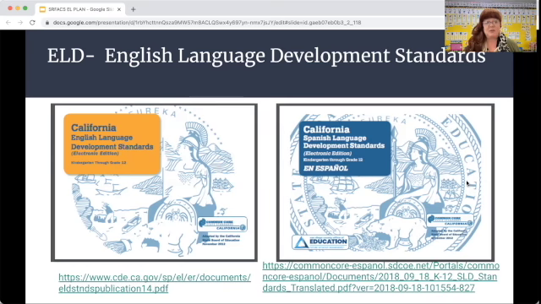You can get them in both English and Spanish, and I believe other languages as well. It is a huge document, over 200 pages long, but I'm just going to walk you right now through some of the highlights and some of the important elements of the ELD program and how it is implemented on the school site level.